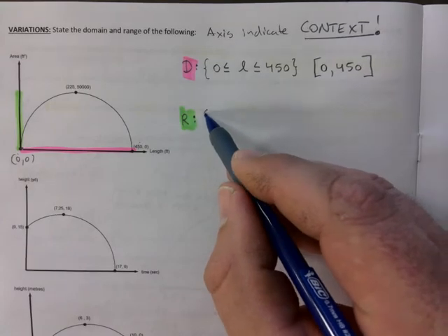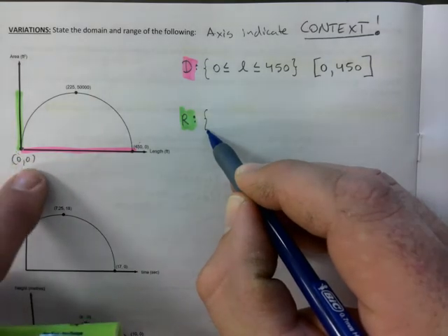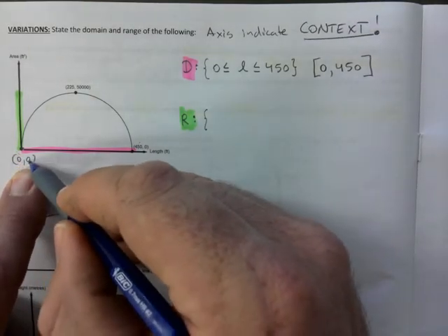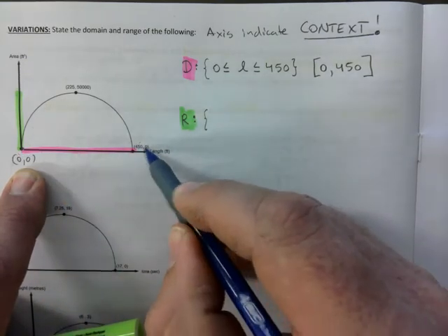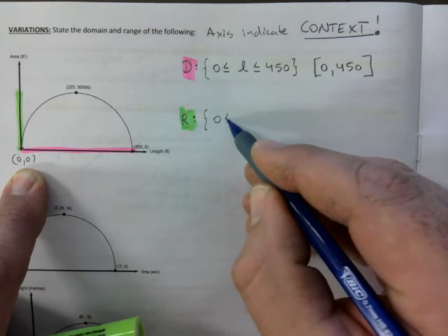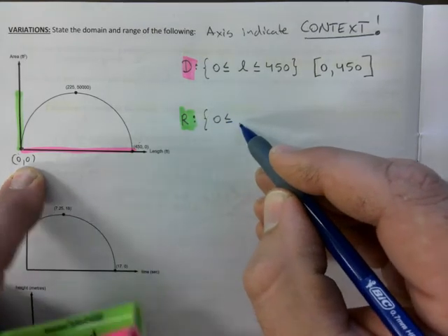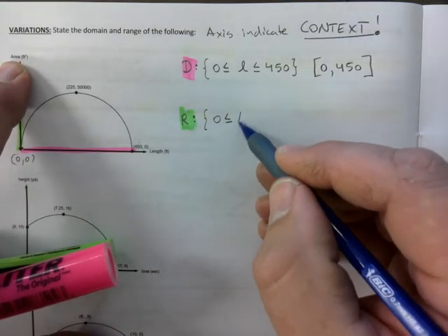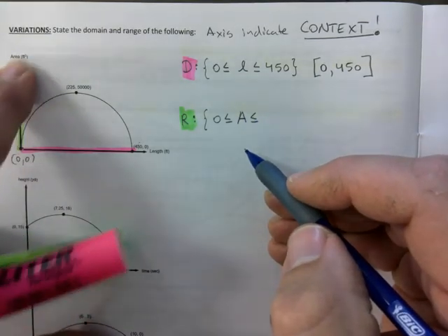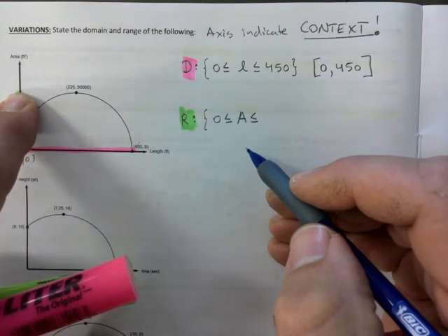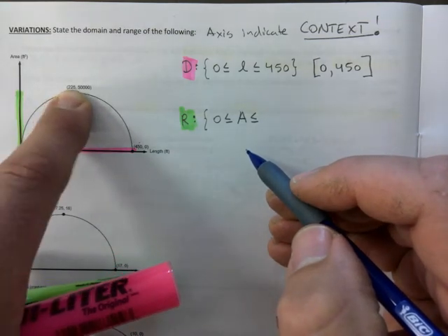For the range, you're also going like the lowest value for the y. In this particular case is 0. You look at the other side, it's 0, right? And I'm going to use A, capital A for area. So for area, I go as low as 0 and as high as, which of these two numbers would I pick?